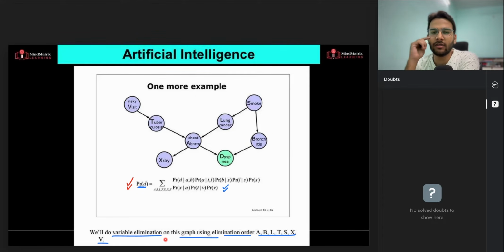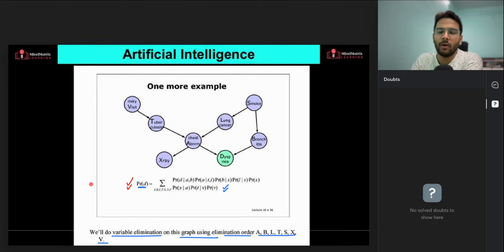We will see the properties of the variable elimination algorithm at the end. But understand this point, or you can write somewhere also, that elimination order matters in this particular algorithm, variable elimination algorithm. So for this particular example, let's say this is the elimination order that we have decided.